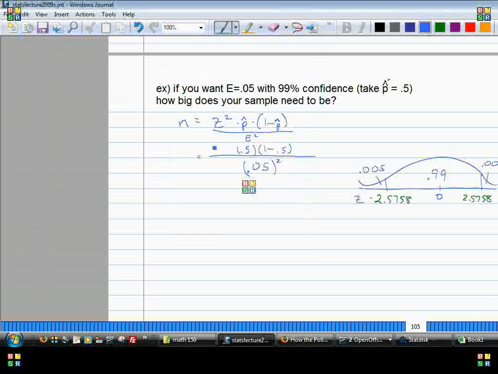Now that we've got our z-score, we can just plug that in to the formula where we need it. And if you work this out, you get 664. Any questions? Okay.